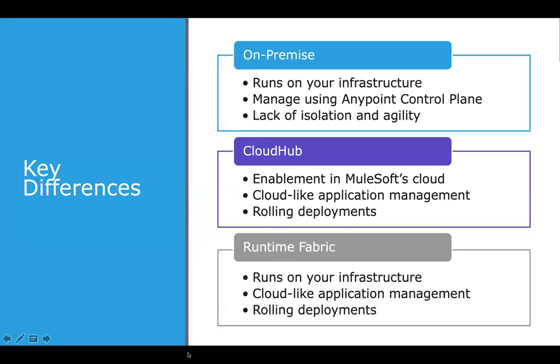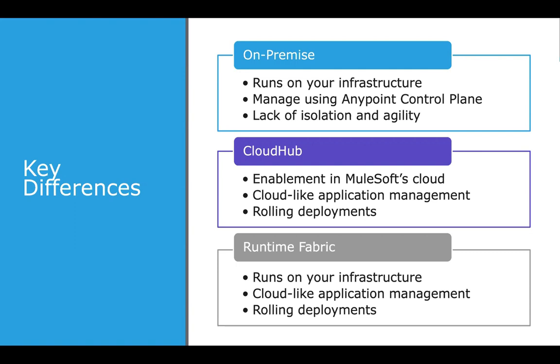So when you compare an on-premise deployment to a Cloud Hub deployment right next to a Runtime Fabric deployment, I think it becomes very obvious how a Runtime Fabric deployment is different and the same as a cloud and on-premise deployment. So with an on-premise deployment, we know that it's hosted on your own infrastructure and it's controlled from MuleSoft's control plane. And the struggle with an on-premise deployment today is really the lack of isolation.